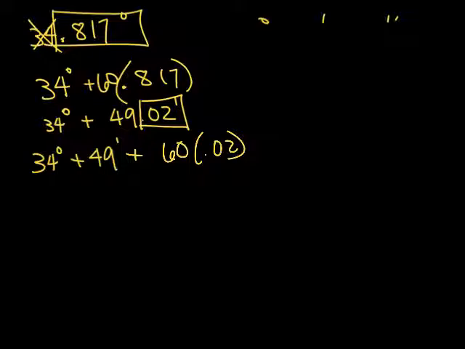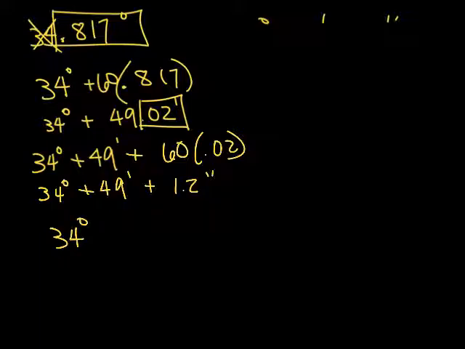We're changing from minutes to seconds. So 34 degrees plus 49 minutes plus 1.2 seconds. So 34 degrees, 49 minutes, 1.2 seconds, and seconds is as far as we're going, so we're considered done with that. Now some of those will get a little tricky, so you'll be doing some practice on those.